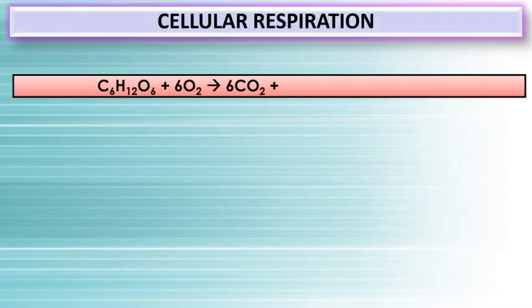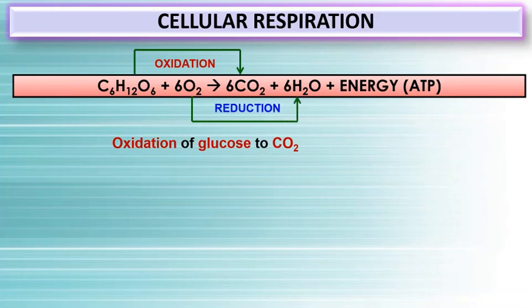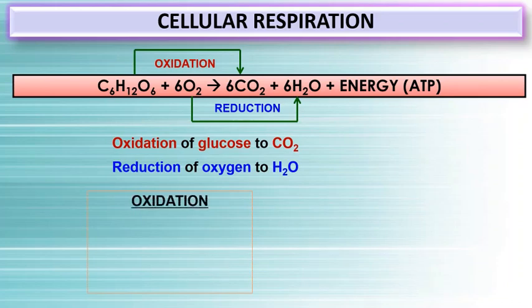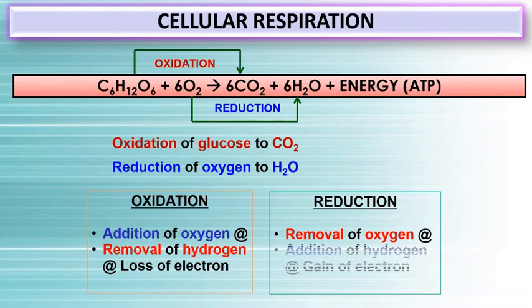So this is the equation for cellular respiration, where there is the oxidation of glucose to CO2 and reduction of oxygen to H2O. So this is what is meant by oxidation and what is reduction. Therefore, cellular respiration involves redox reaction.